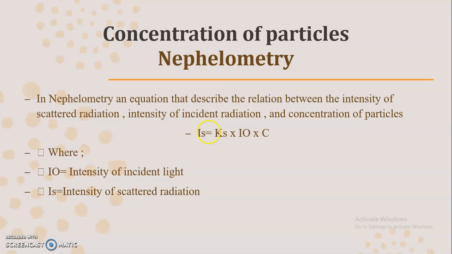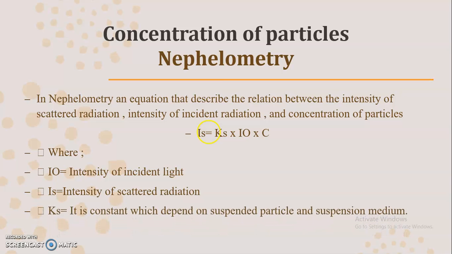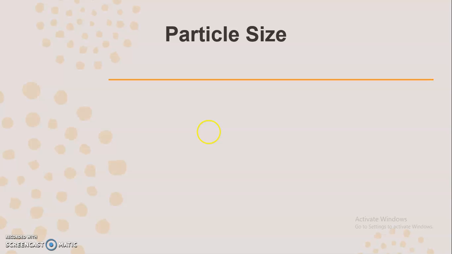Is is the intensity of scattered light. Instead of transmitted light, here we are going to use the scattered light, and Ks is the constant which is dependent upon the suspended particles. So this equation plays an important role in nephelometry. C is the concentration of solution.